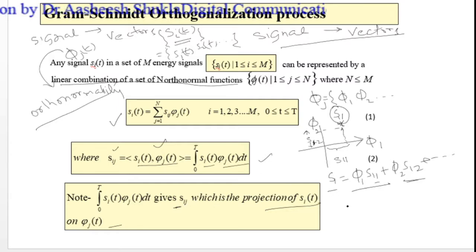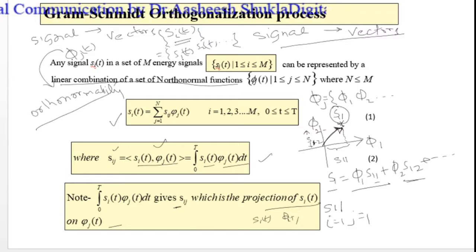For example, you want to see what S11 is. Here i is equal to 1 and j is equal to 1. It means that S11 is the projection of S1(t) on phi 1(t). You can see here, this is your main vector S1.